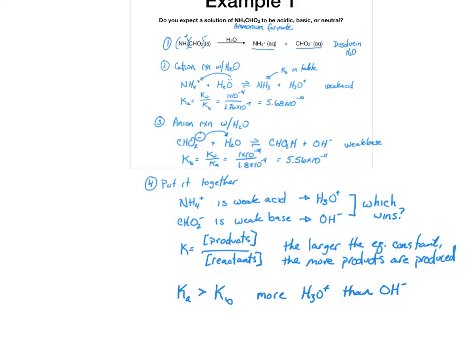And that means that this solution will be acidic, or is expected to be acidic. And so its pH should be less than 7.